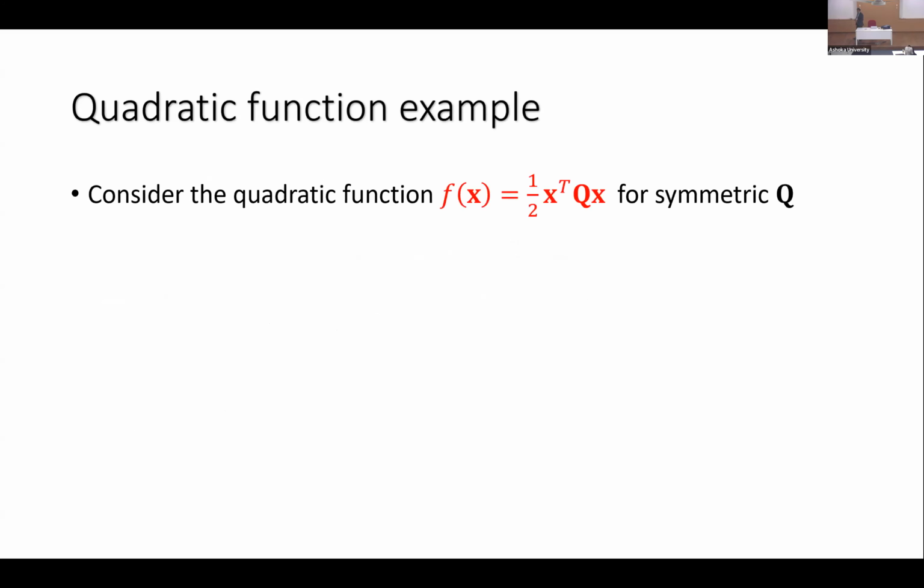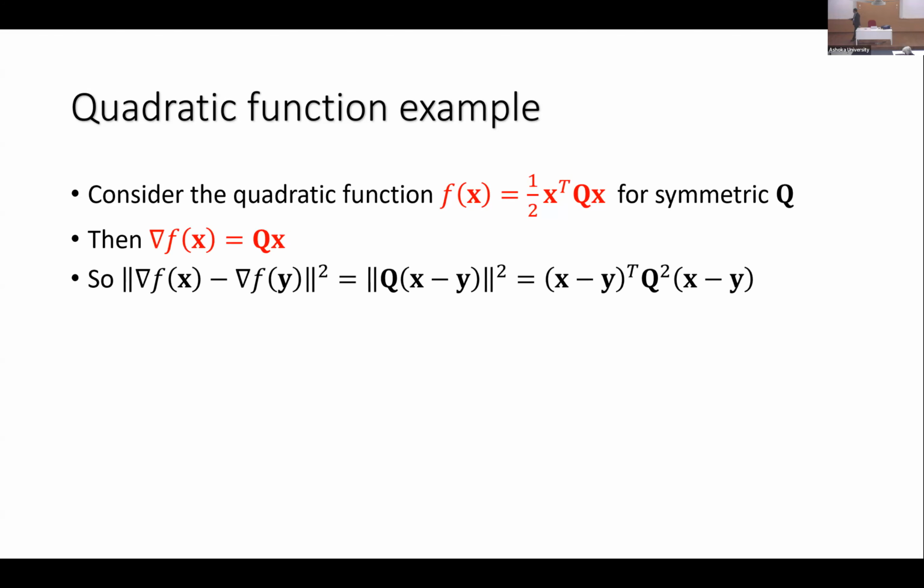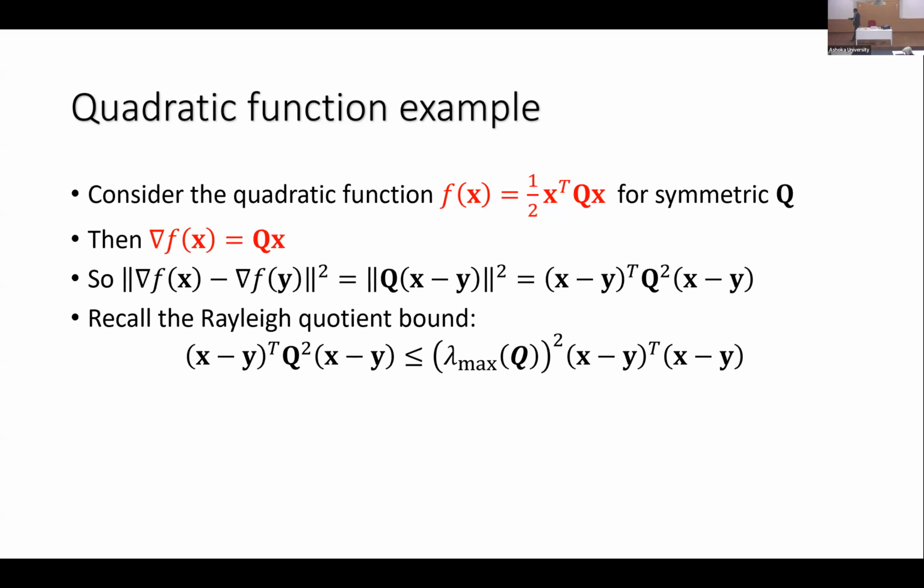So let's start with a quadratic function, very simple to consider: half x transpose Qx, where Q is some matrix. The gradient is what? Q times x, right? This is the vector gradient, remember, vector calculus. So Q times x is the gradient. And if you calculate the difference between gradients, it will come out to be the norm squared of Q times (x minus y), which can be written like this: (x minus y) transpose Q squared (x minus y).